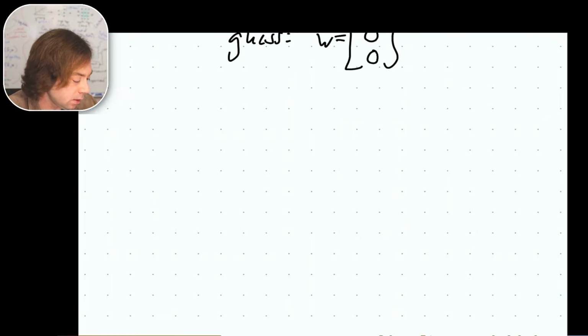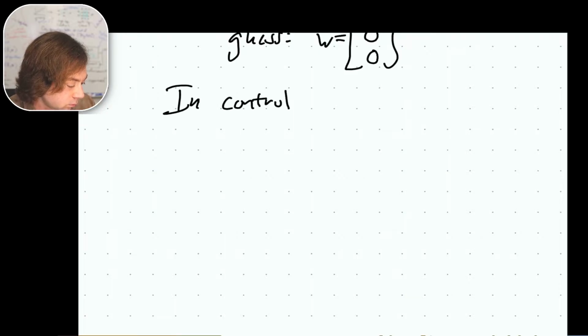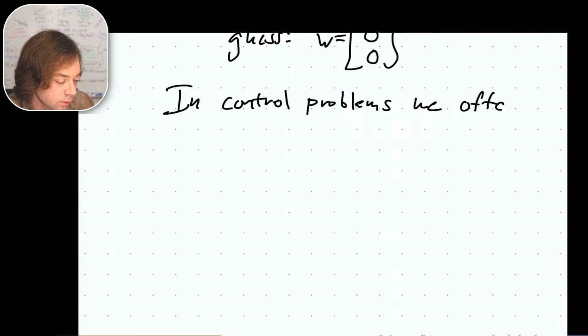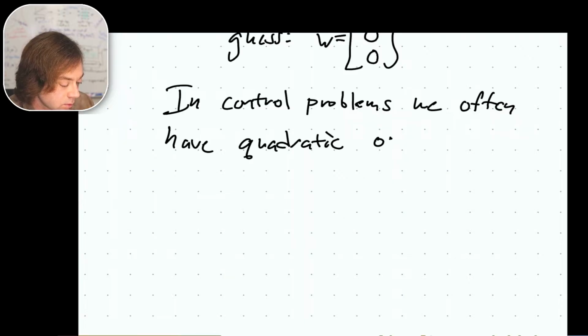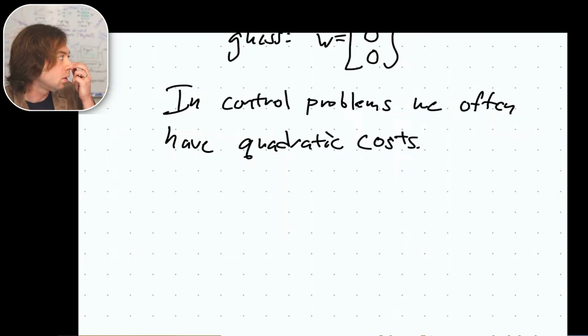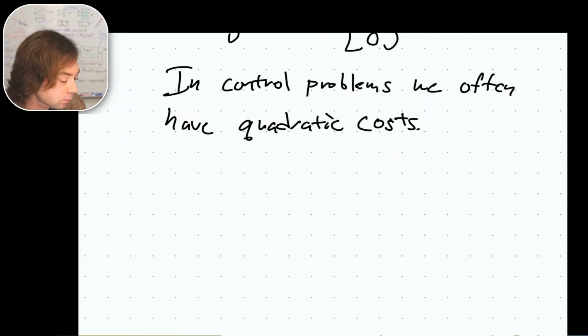Okay, so in control problems, we often have quadratic costs. So we have quadratic costs.